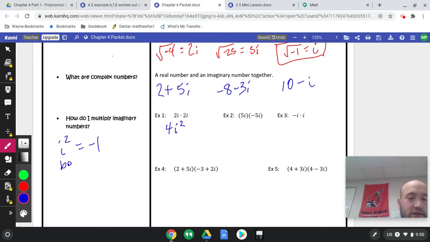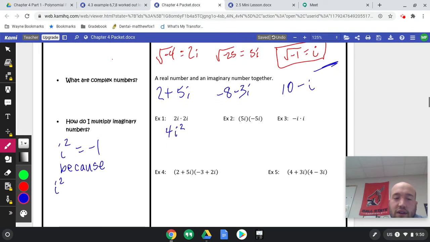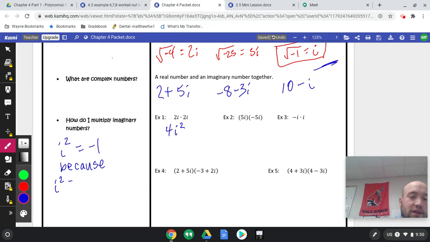If we're saying i squared, that's the same thing we said up here in the box. i is the same as the square root of negative 1. So i squared is the same as the square root of negative 1, squared, which when we square it, the square root and the square cancel out, and we're left with i squared equals negative 1.